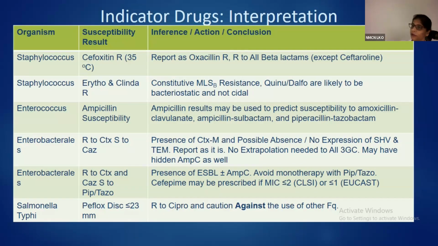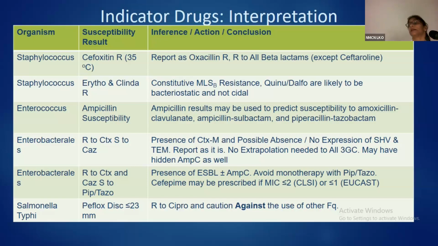If an isolate of Staphylococcus is resistant to cefoxitin, that means it will be resistant to all the beta-lactams except the 5th generation cephalosporins. Can you name 5th generation cephalosporins? Ceftaroline and? Yes.